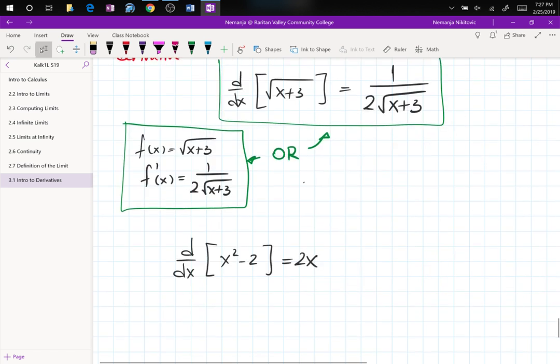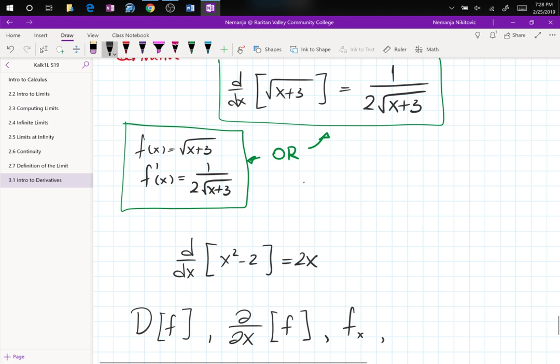Other notation for derivatives. Capital D of f. Then you have this squiggly d for partial derivative of f. You have f sub x like this. What else is there? I already said the original one with the dot.